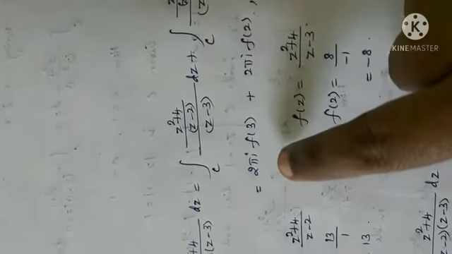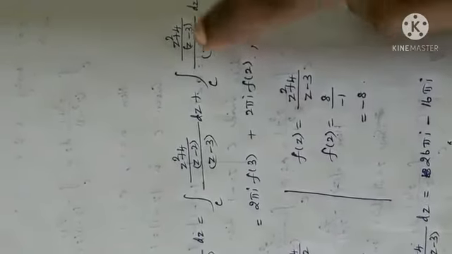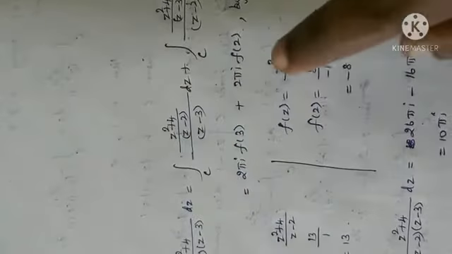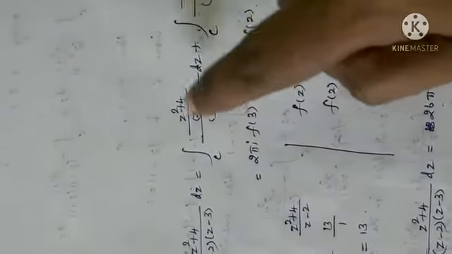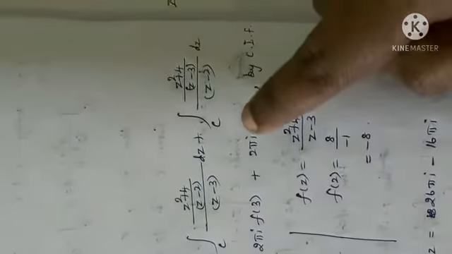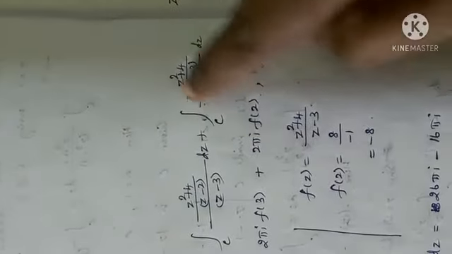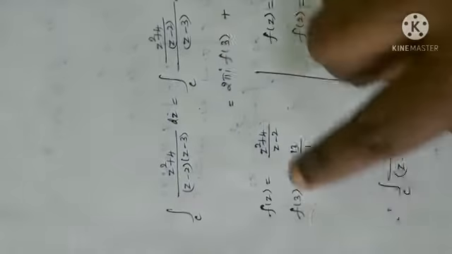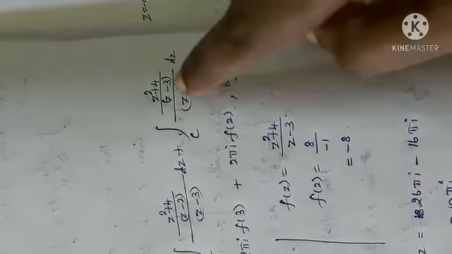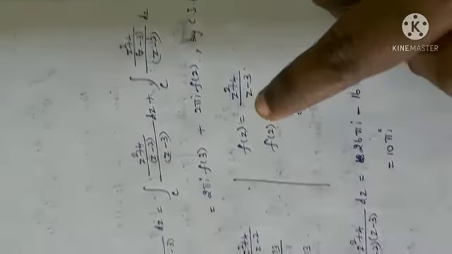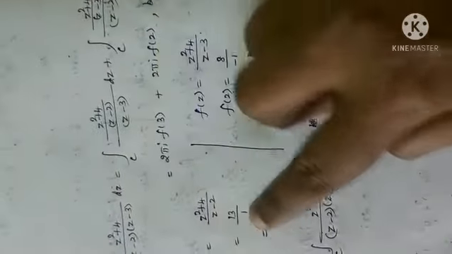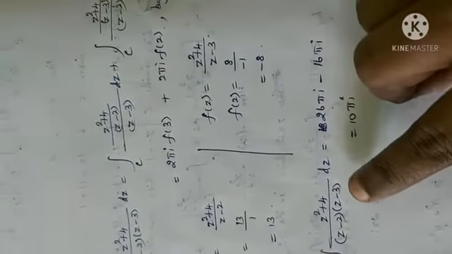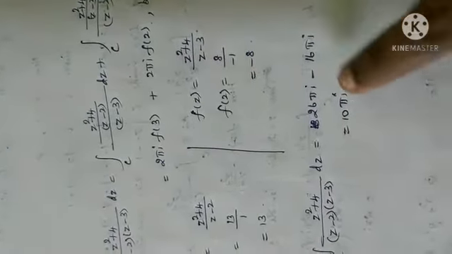The value of the integral is 2 pi I into f of a. But you should know, f of z is different for f of 3 and for f of 2. When this is f of z, you can find f of 3. When this is f of z, you can find f of 2. Now answer becomes 2 pi I into 13 plus 2 pi I into minus 8. Hence answer is 10 pi I, which is one method.